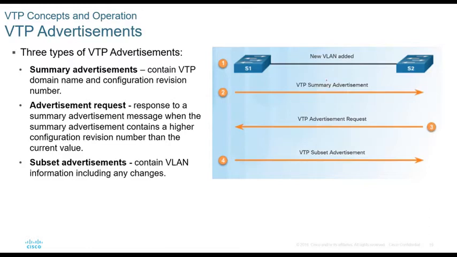As long as the parameters are correct, the domains are correct, and the passwords are matching between the switches, the VTP network looks good, and then automatically they will have this type of VTP advertisement. So the subset advertisement, the advertisement request, and the summary advertisement.